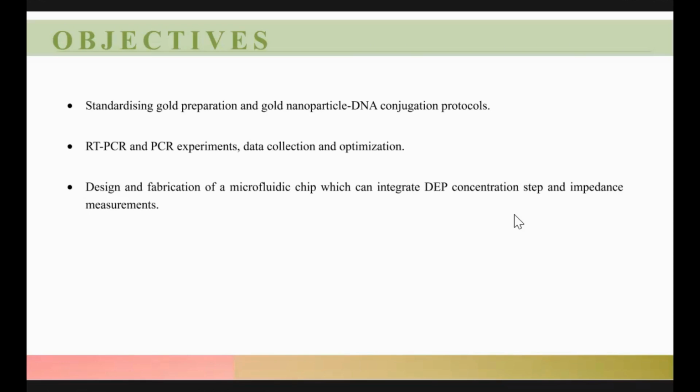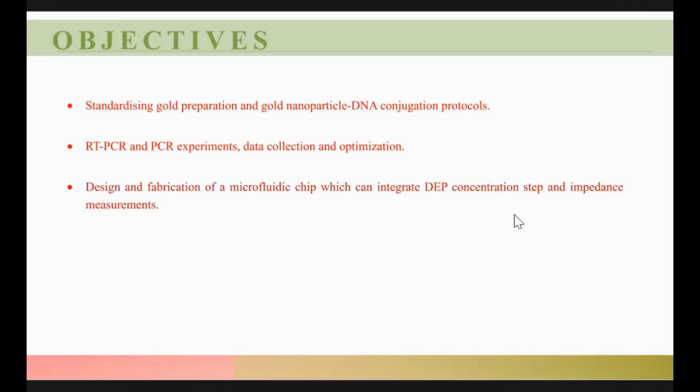Using that, we have framed the first objective: standardizing the nanoparticle preparation and then standardizing the nanoparticle DNA conjugation protocol. The second objective is RT-PCR and PCR experiments, data collection and optimization. And the third one is, of course, design and fabrication of the chip, while looking at how we can integrate the concentration step as well as the nanoparticle labeling with the impedance measurements.